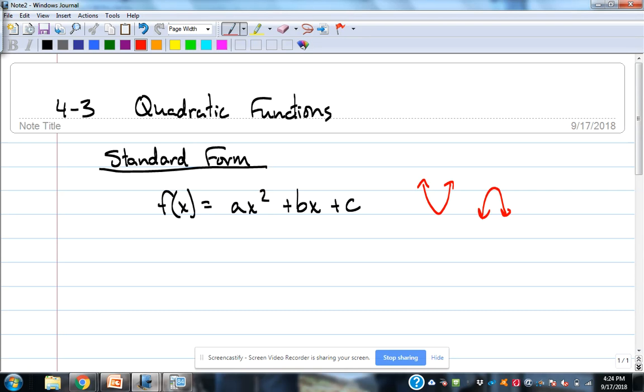It's a U shape. Not a hard V, but it's soft and round here on the bottom and the top. So it can be either of those, either up or down. There are some that are sideways, but they're not functions, so they don't fit into this section. So if you've ever seen the sideways parabolas, they exist, but we're talking about functions here, so that rules those out.